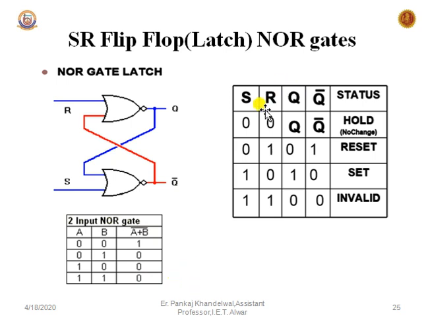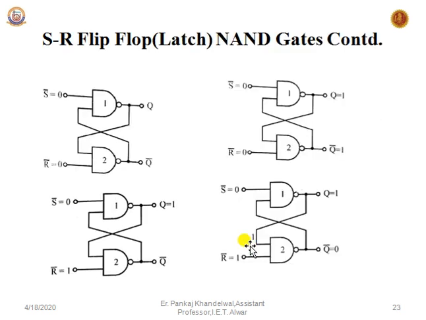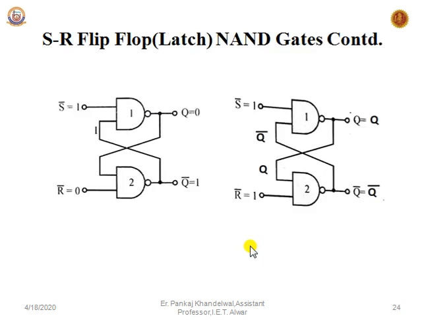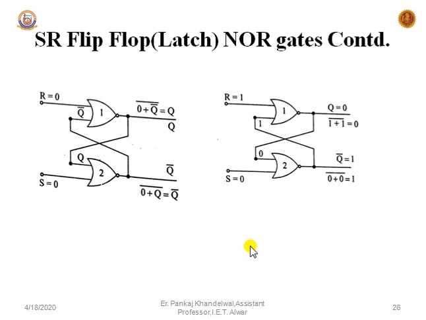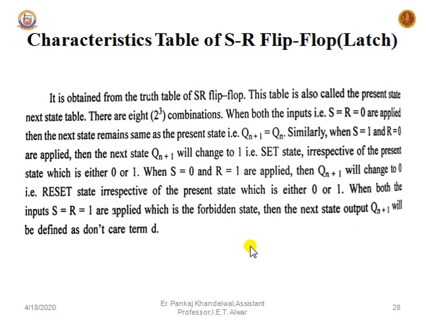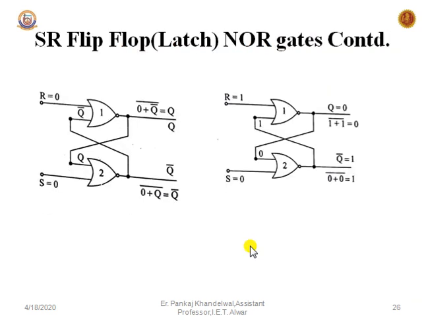In this case, when S equals 0 and R equals 0, we can solve this type of flip flop as we previously solved using NAND gates, but now we are using NOR gates.